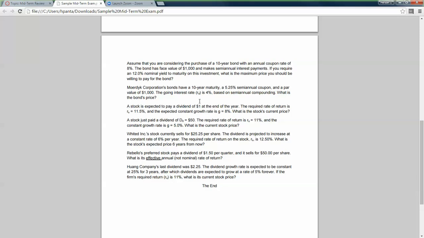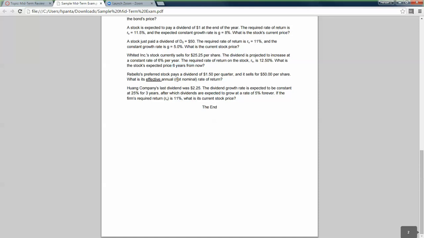Okay, let's see this one. Currently sales, this one. This one is pretty simple. You did effective rate calculation. This one is just like the one I showed you. The dividend was $2.25, growing at a constant 25% for the next 3 years, and then constant.